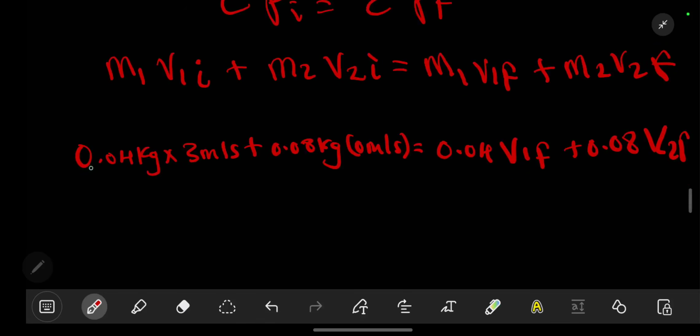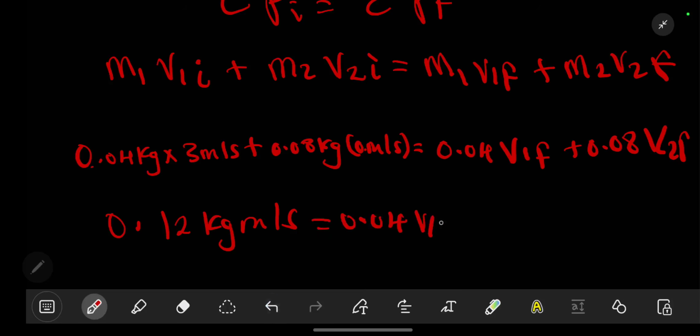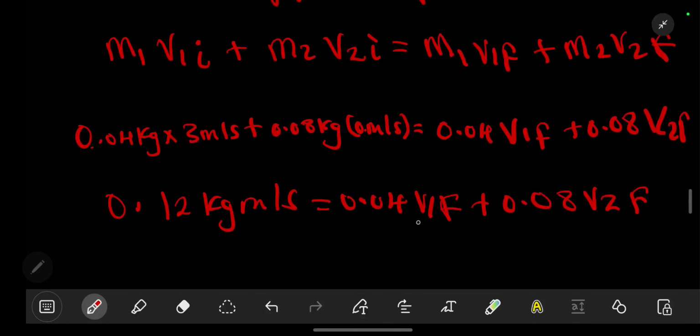So we multiply 0.04 times 3, which gives 0.12 kg meters per second. Plus 0.08 times 0 is 0, so we forget about that one. So this equals 0.04 v1 final plus 0.08 v2 final. So we have that equation.